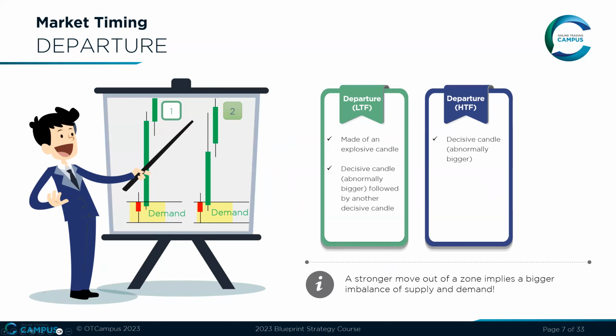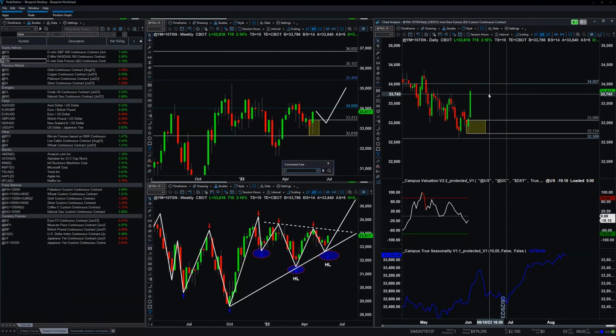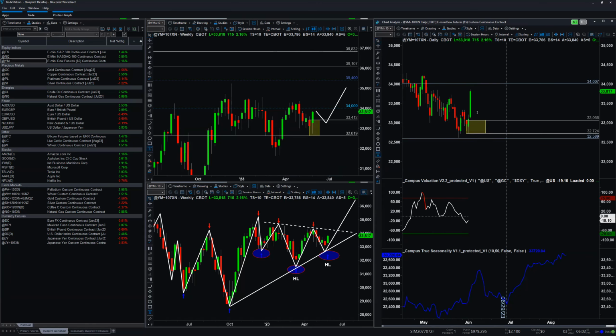In this case, rule 1, departure, yes, it's explosive. It could just be as simple as, yes, it's met, right? So our rule 1, yes, it's explosive.